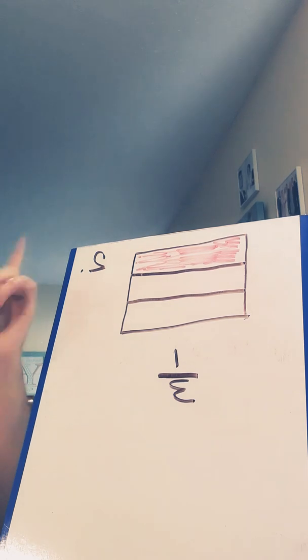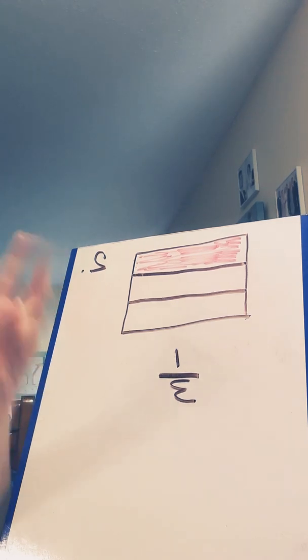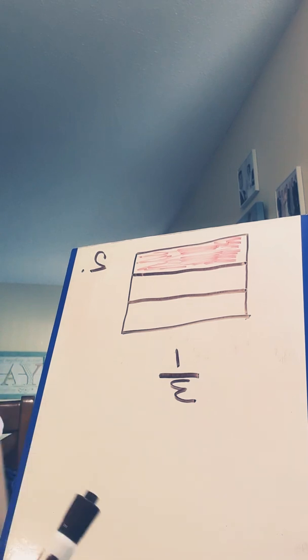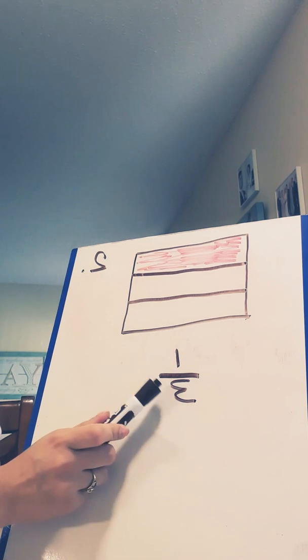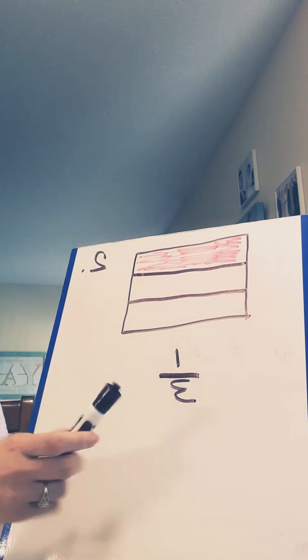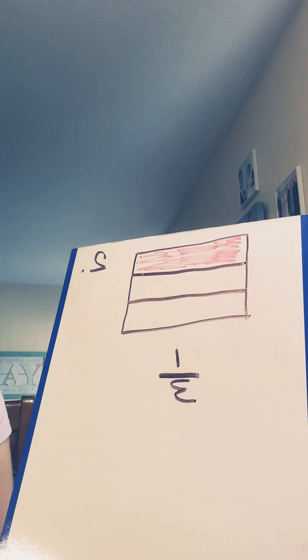Okay? So draw to show fourths. That's the first step. The second step, color a fourth of the shape. And I'm going to add a third step. I want to give you a little challenge. When you're done, in the bottom, right under that circle, go ahead and write down the fraction that represents that picture, okay? Again, pause the video. When you're ready for me to go over it, that you've already done only number 5, you can press play. Go ahead.